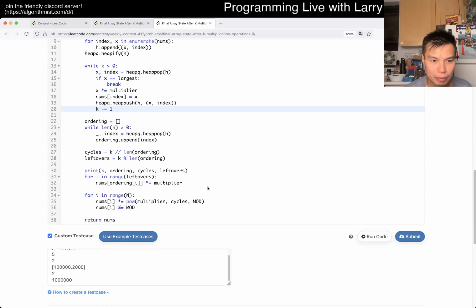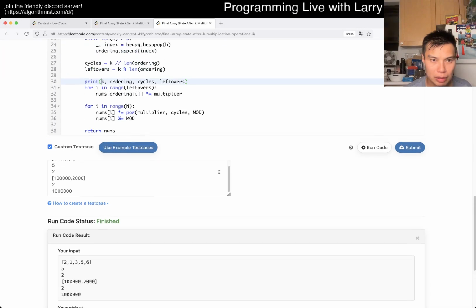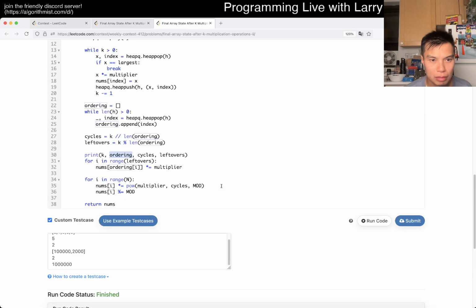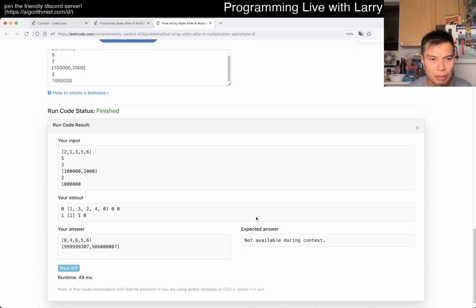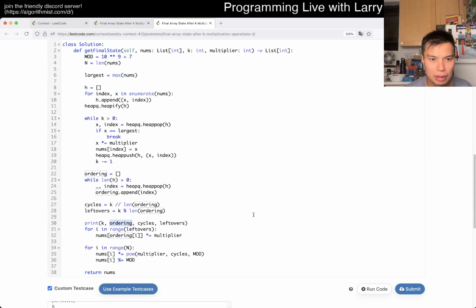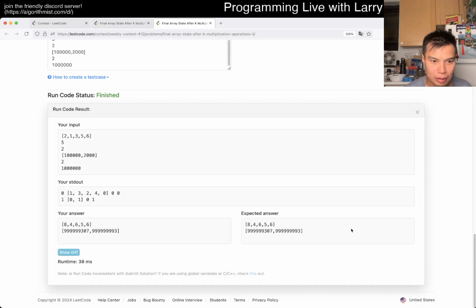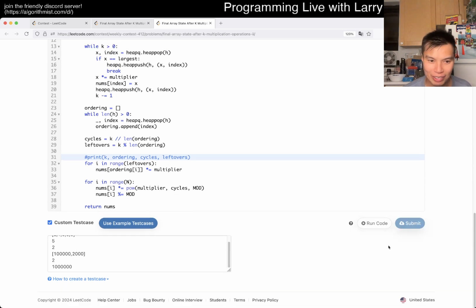So we have K is equal to 1, ordering is off. It should be 1 and 0, so that's why this is off. But oh, because this is break. We have a print statement. YOLO submit.